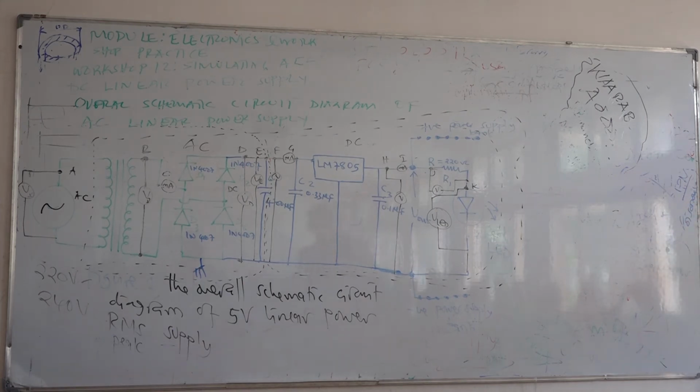Just 2 will be in forward bias, they will conduct current, and 2 will be in reverse bias at that time. Within a fraction of a second, the other two diodes which were in reverse bias become forward biased, while the 2 diodes which were in forward bias are in reverse bias.